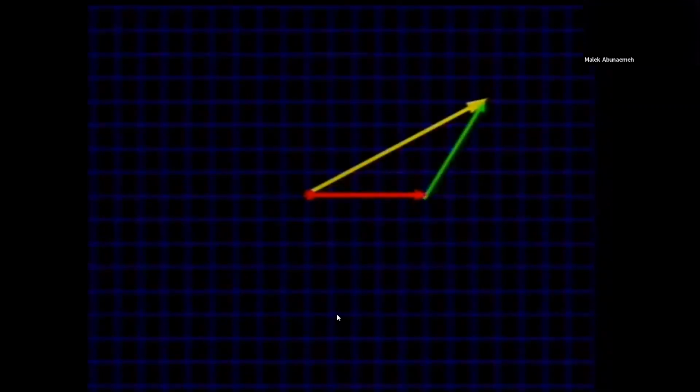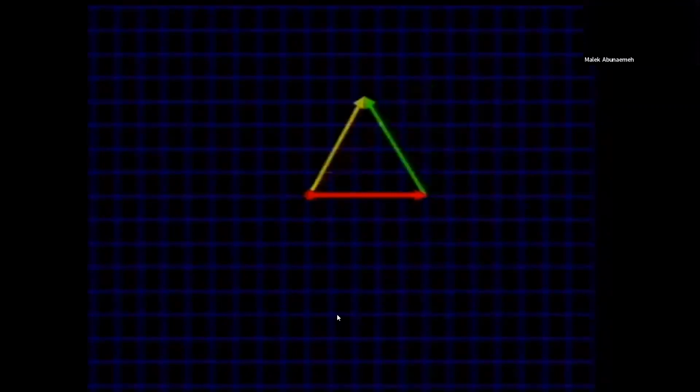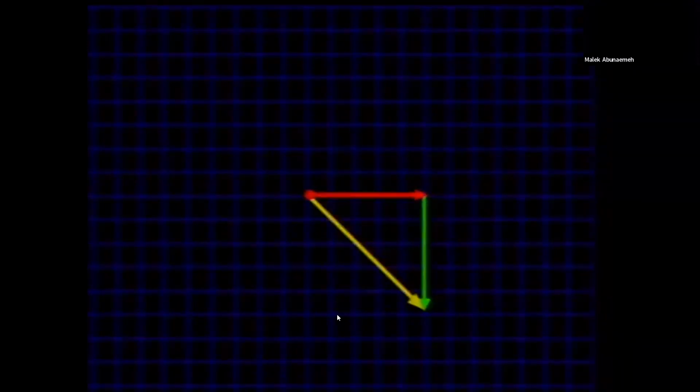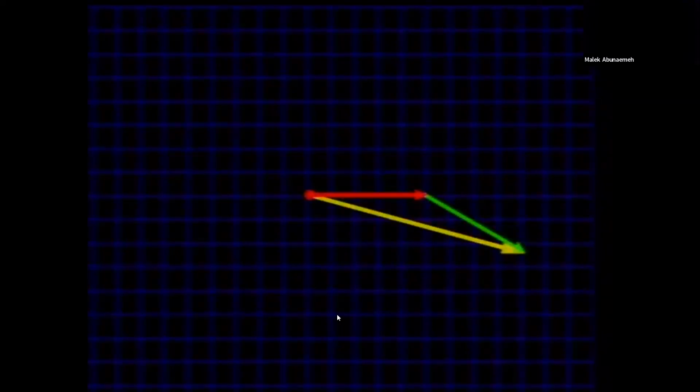So basically, to add the vectors, you add head to tail, and you get the resultant vector.